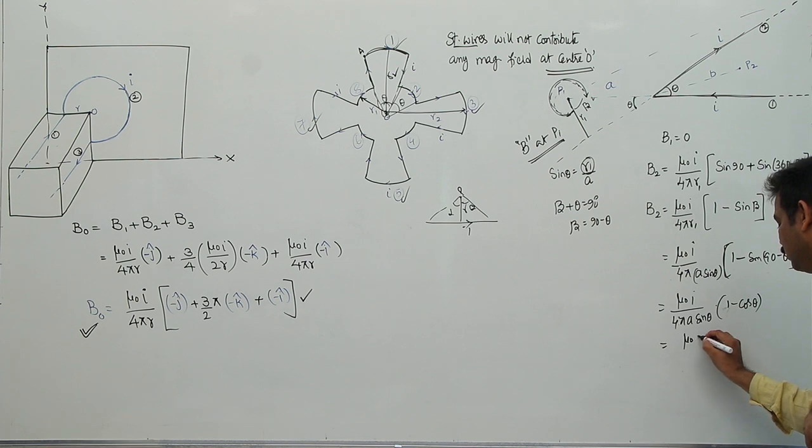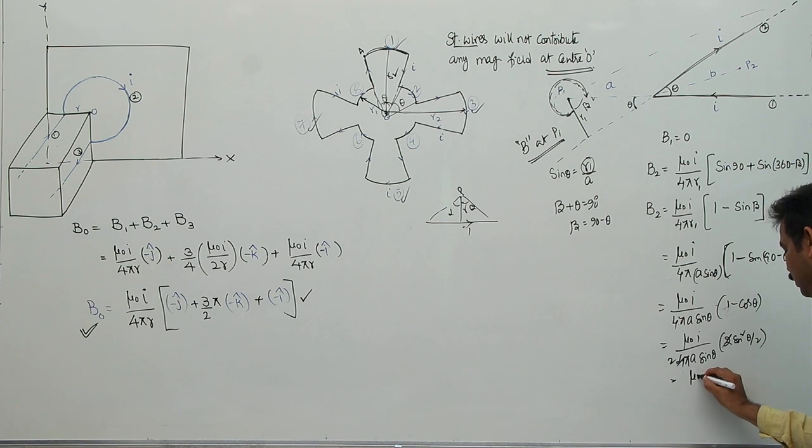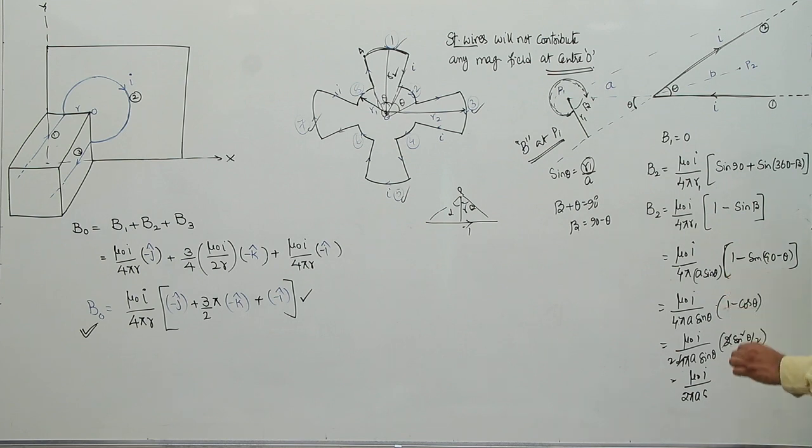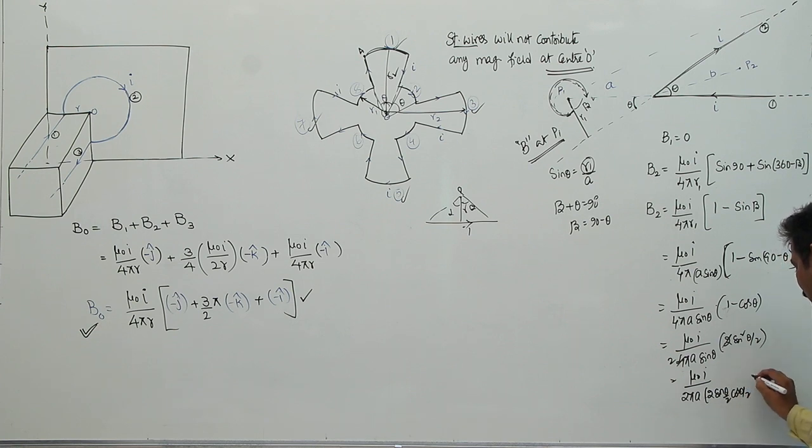So I am going to write mu naught I by 4 pi a sine theta into 2 sine square theta by 2. The 2s get cancelled, so I can write mu naught I by 2 pi a. For sine theta you can write 2 sine theta by 2 cos theta by 2. So I am going to write this as 2 sine theta by 2 cos theta by 2, and this is sine square theta by 2.